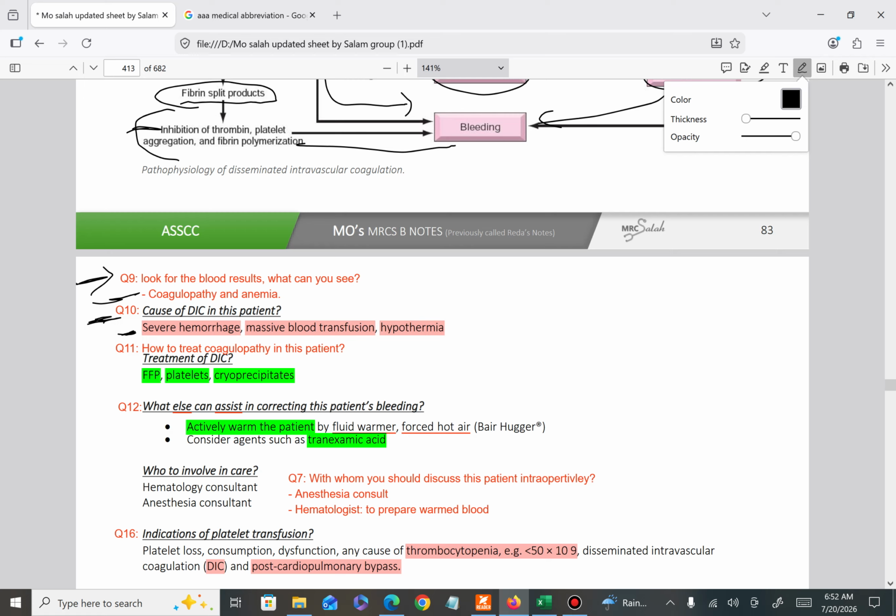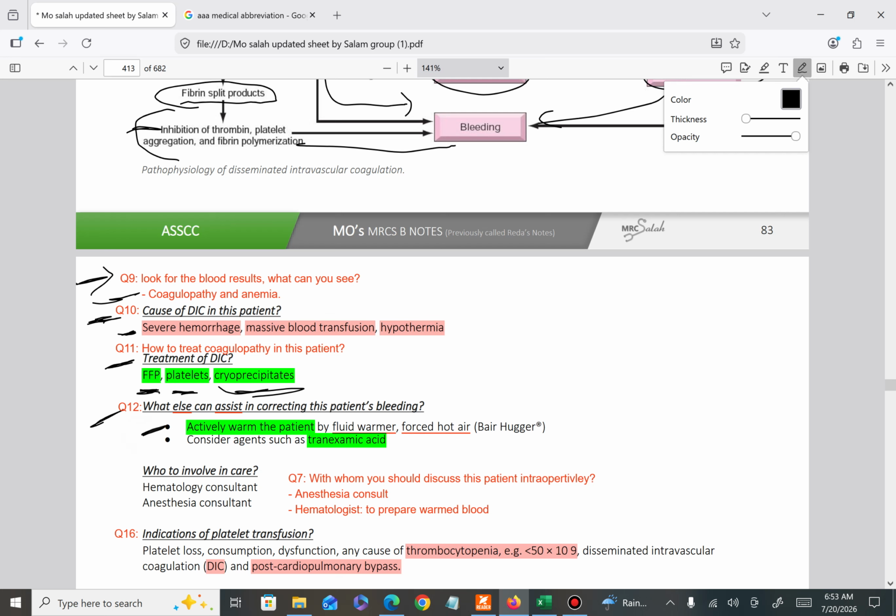So these are the causes in this patient which lead to DIC. Treatment of DIC: the immediate management is that we should give fresh frozen plasma, the platelets and cryoprecipitate.